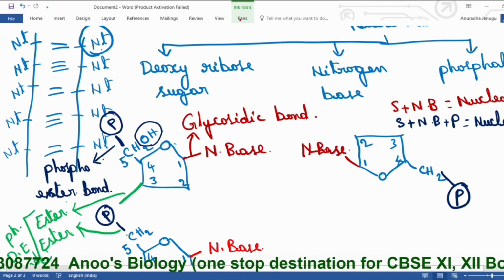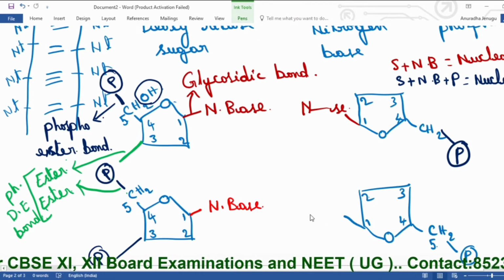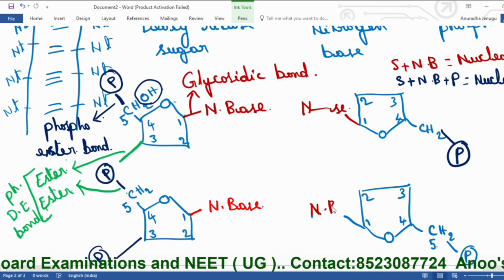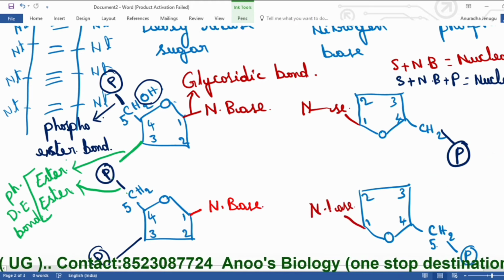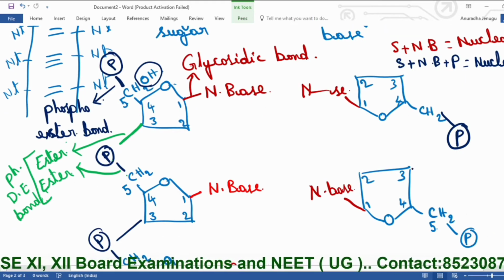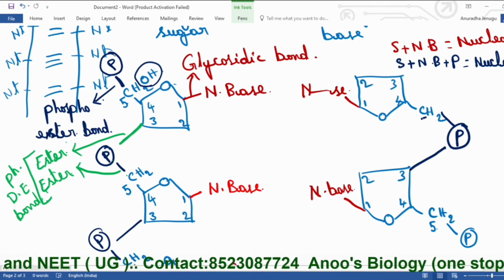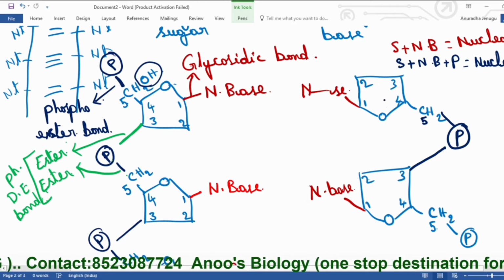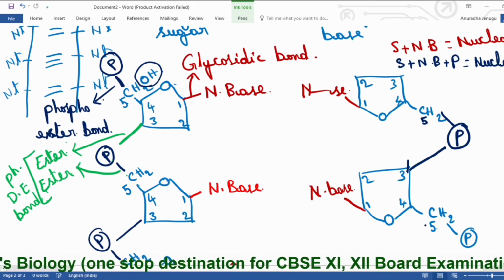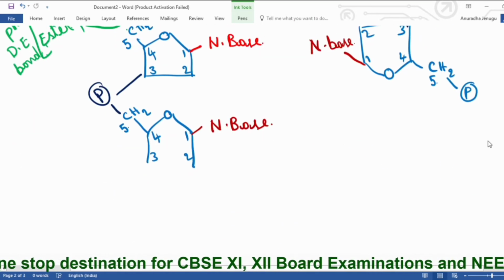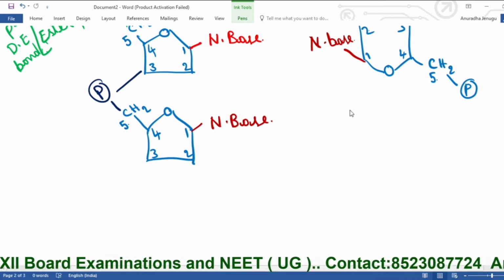In the same way, the next nucleotide is also formed and so on. Both of these nucleotides are joined by the formation of a phosphodiester bond again. So the phosphate attached to the fifth position of the sugar of one nucleotide joins with the third position of the sugar of the next nucleotide. So like this, the opposite polynucleotide chain is also formed.